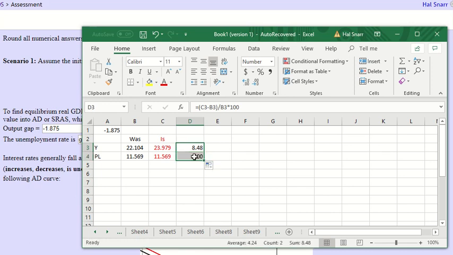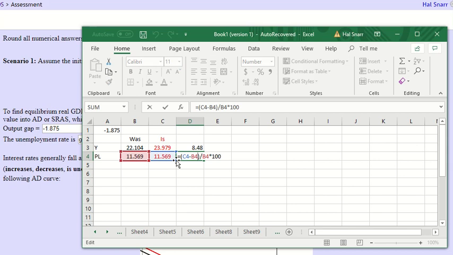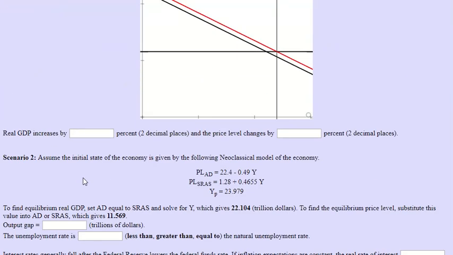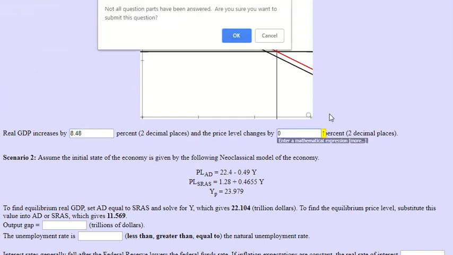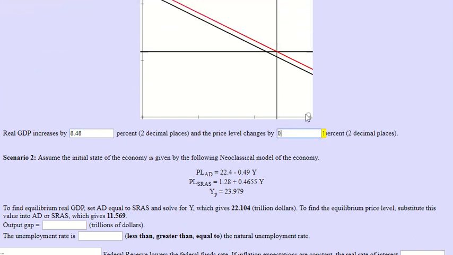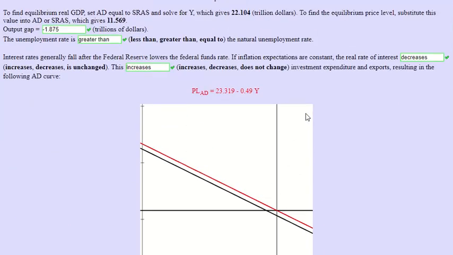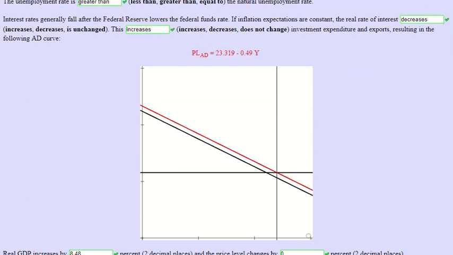And then, of course, inflation is zero in this model because the price level doesn't change along a perfectly flat, elastic short-run aggregate supply curve in the Keynesian model. Okay, so GDP increases by that percent, and the price level changes by 0%. Hit OK, and there we go. We got all these correct answers, right? So let's go ahead and graph this Keynesian model.